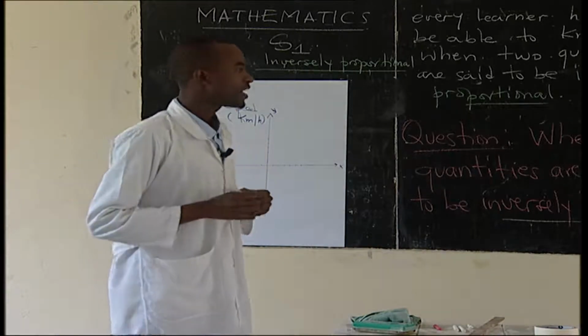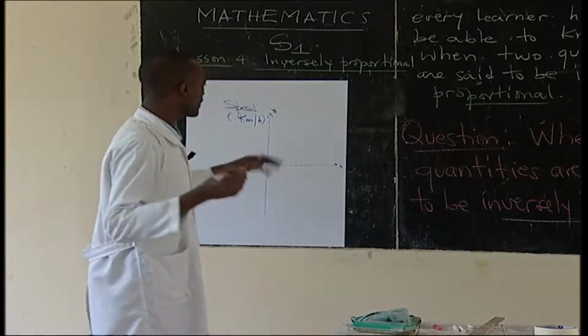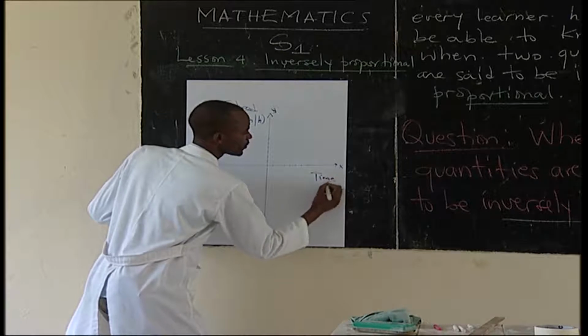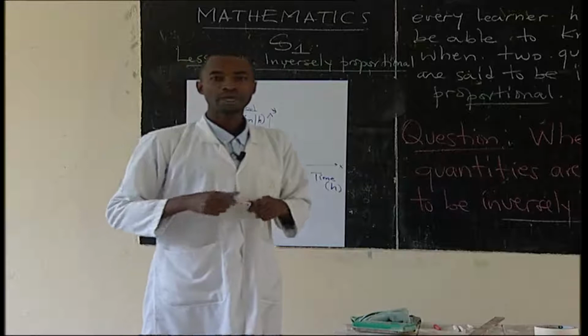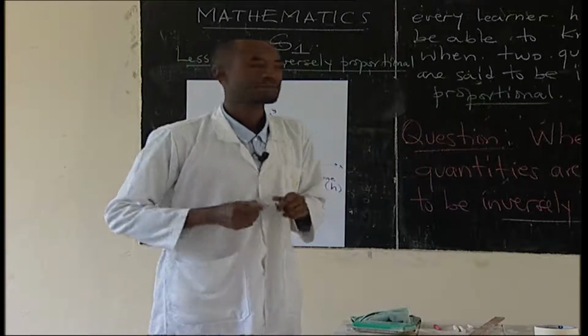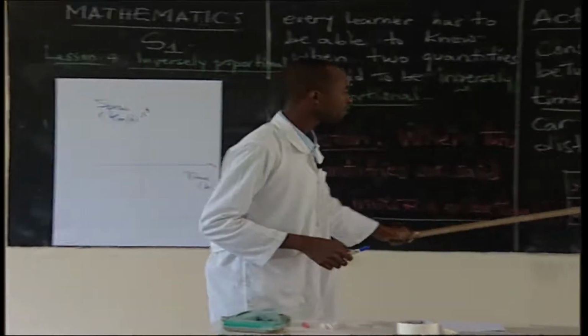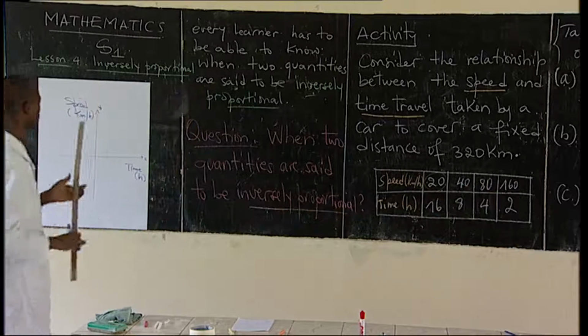They have told us that we need to draw that graph against time, and time for our case is expressed in hours. I told you H stands for hours. Now, these are the coordinates of the points that we are going to plot on our graph.